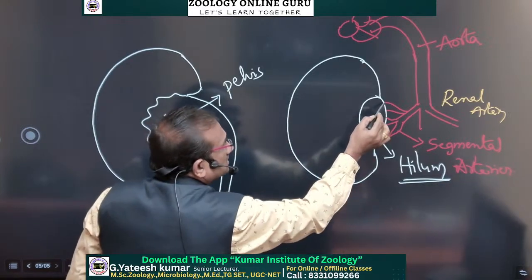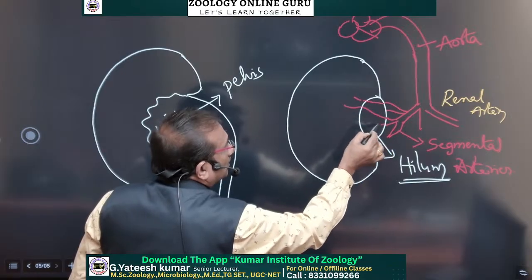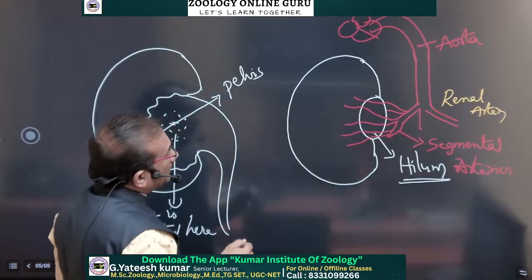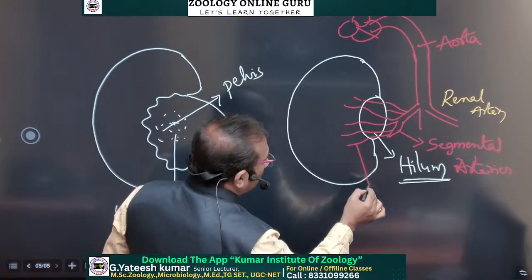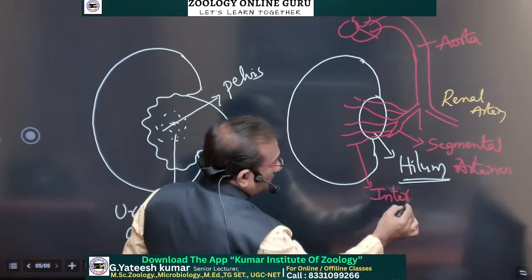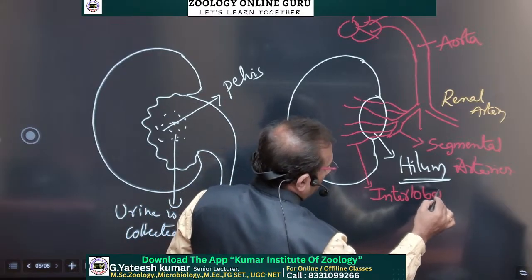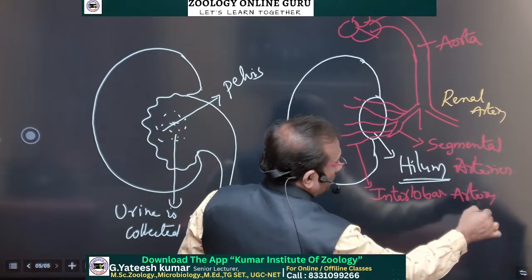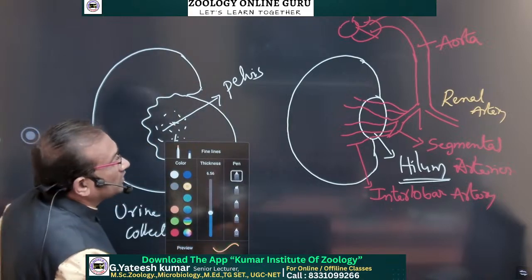When the segmental arteries enter the kidney, they become interlobar arteries.